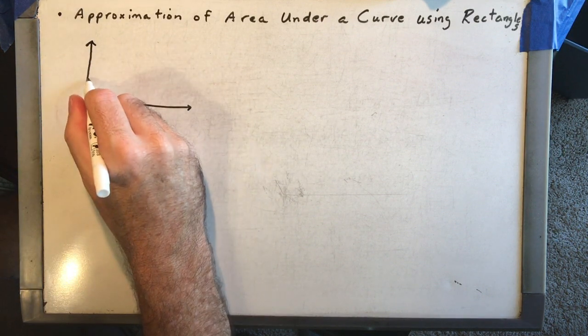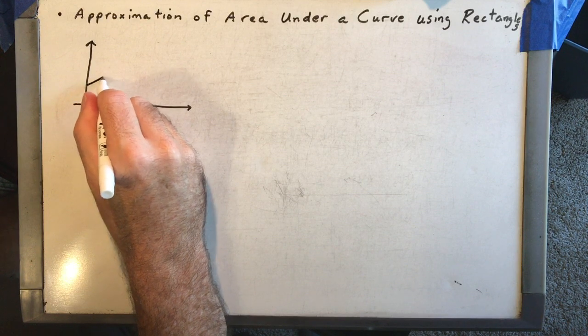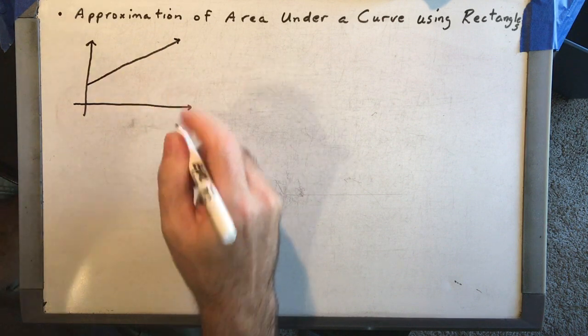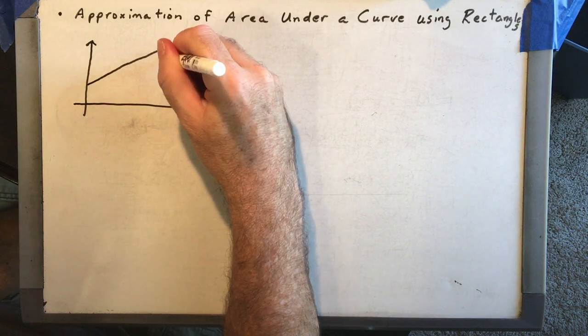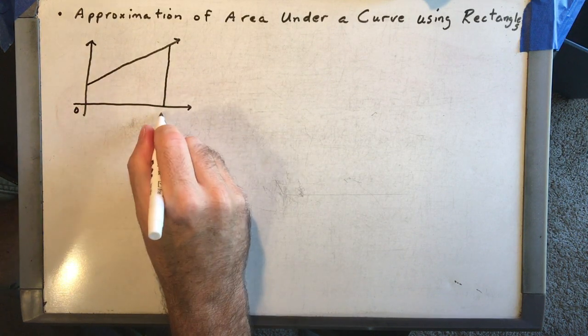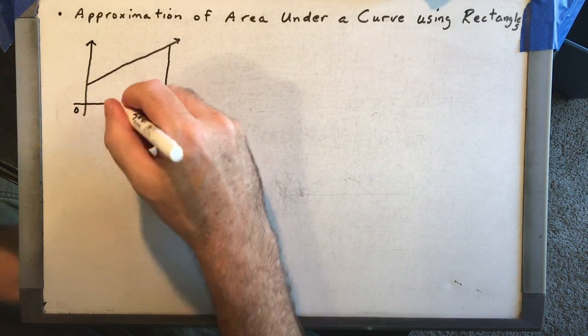Okay, so we have our line. We want to find the area under the curve between 0 and 2. We have 4 rectangles.